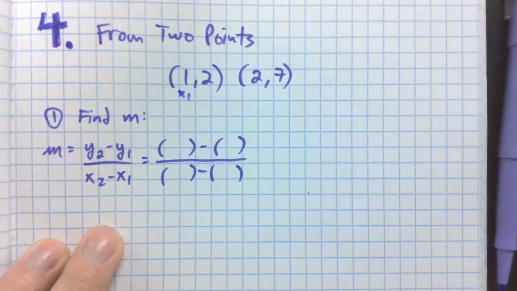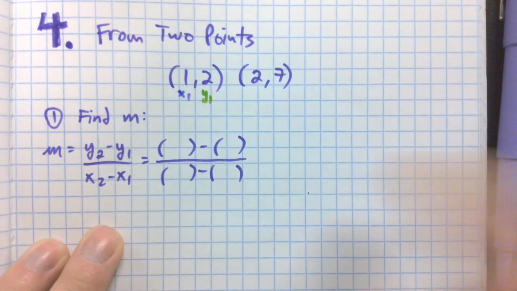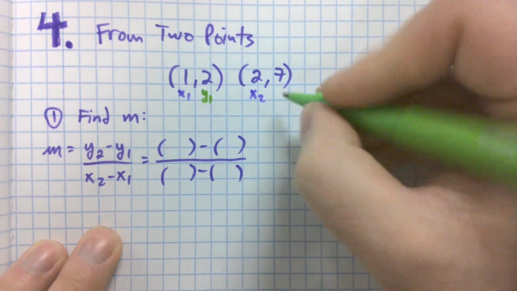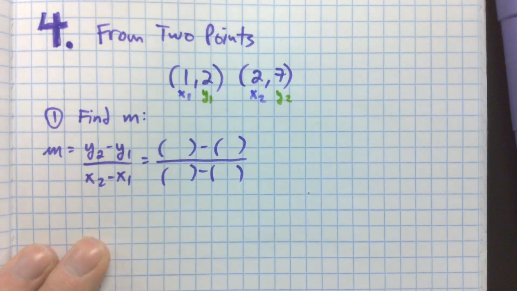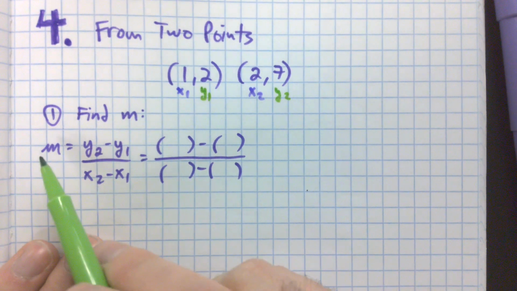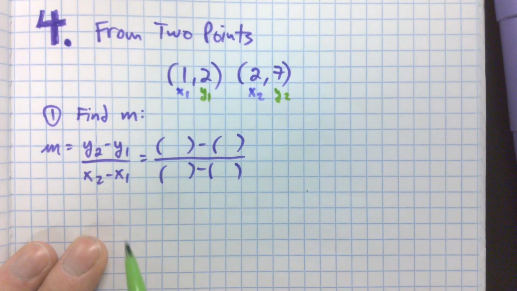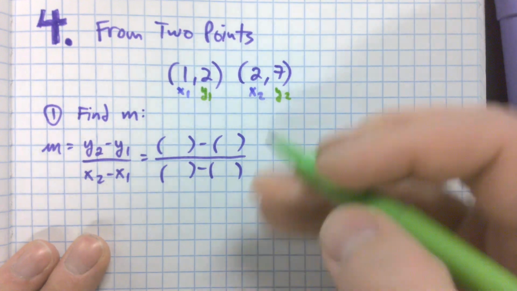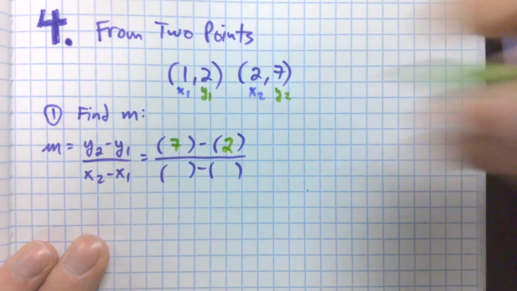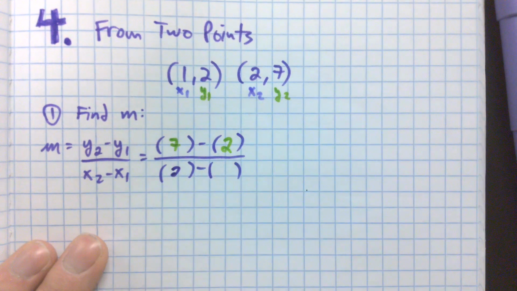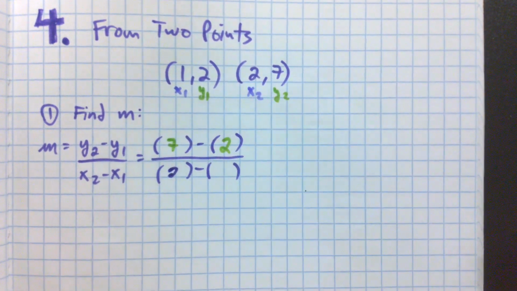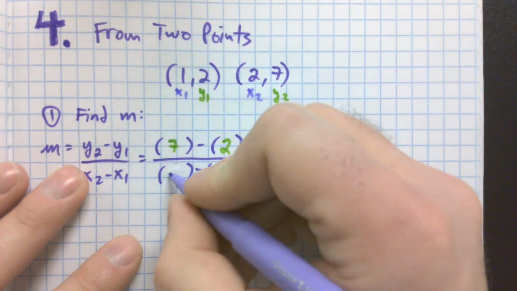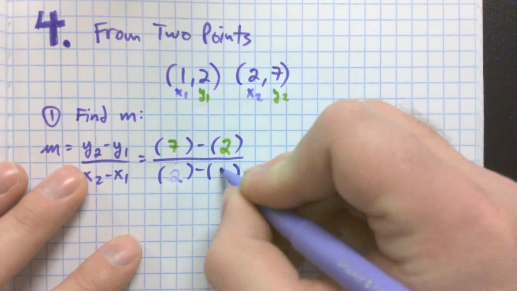What about 2? Y1. What about this 2? X2 and my 7, y2. All right? My slope formula is y2 minus y1 over x2 minus x1. So that'll be 7 minus 2 over 2 minus 1.